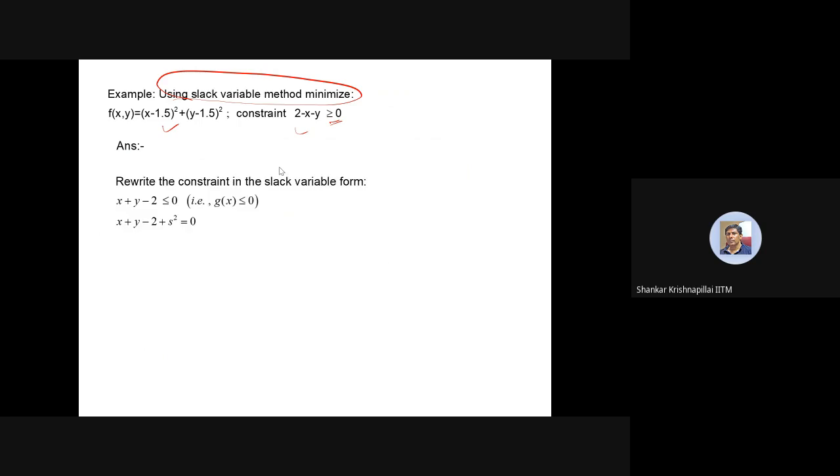What you have to do is that this is equal to g of x. Now this is written as g of x is greater than or equal to 0. You have to write it in the less than or equal to 0 form. So it will be minus 2 plus x plus y is less than or equal to 0.